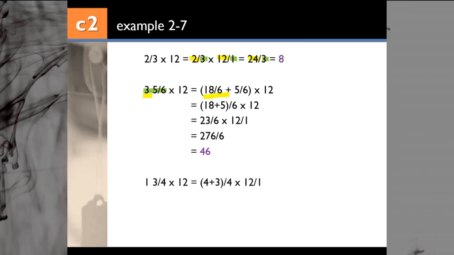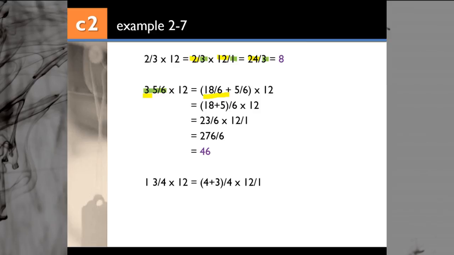Another example: if you have 1 and 3/4 of 1 dozen, that means you have 1 dozen and another 3/4 of a dozen. What you can do is recalculate the first number. 1 is equal to 4 over 4, right?